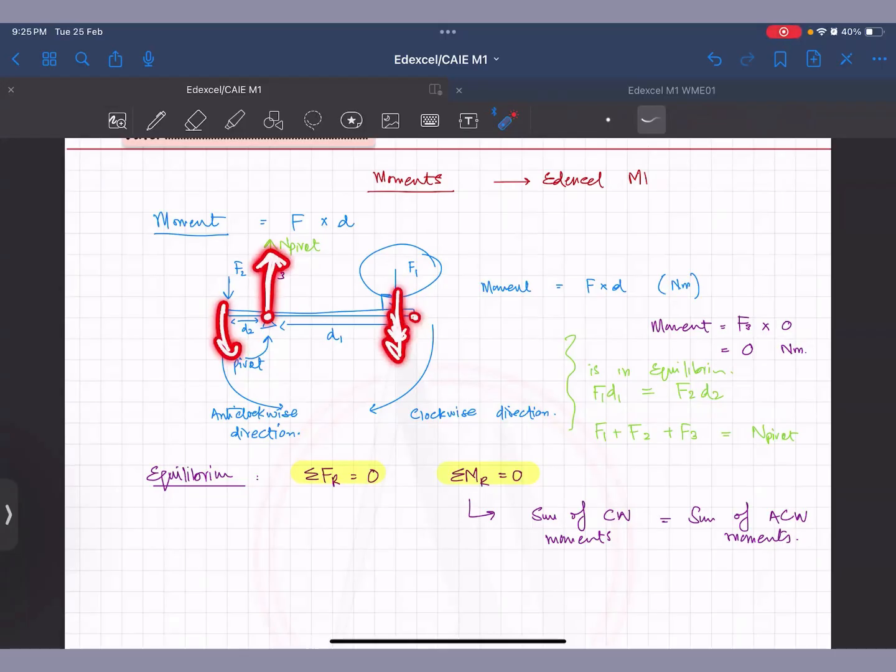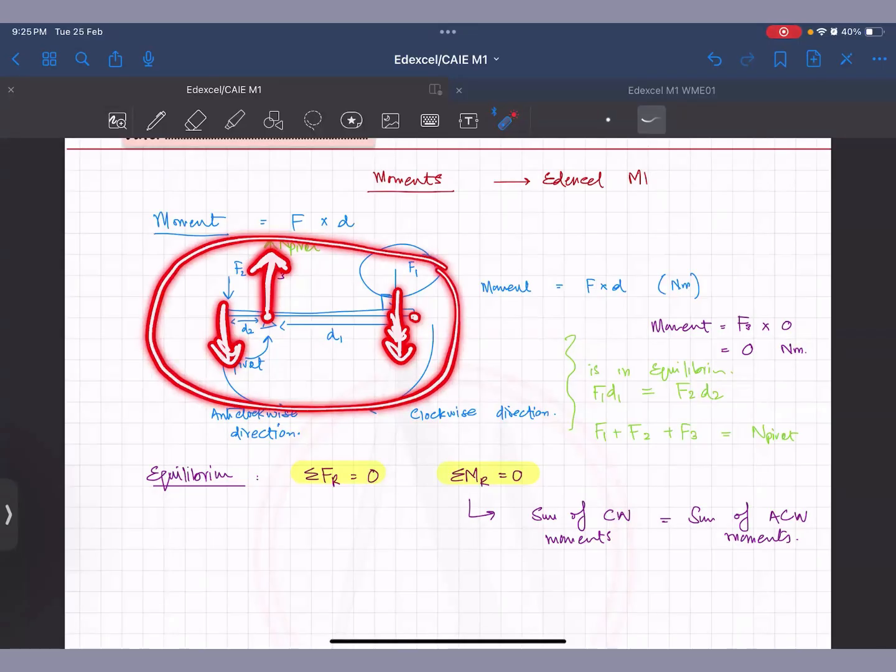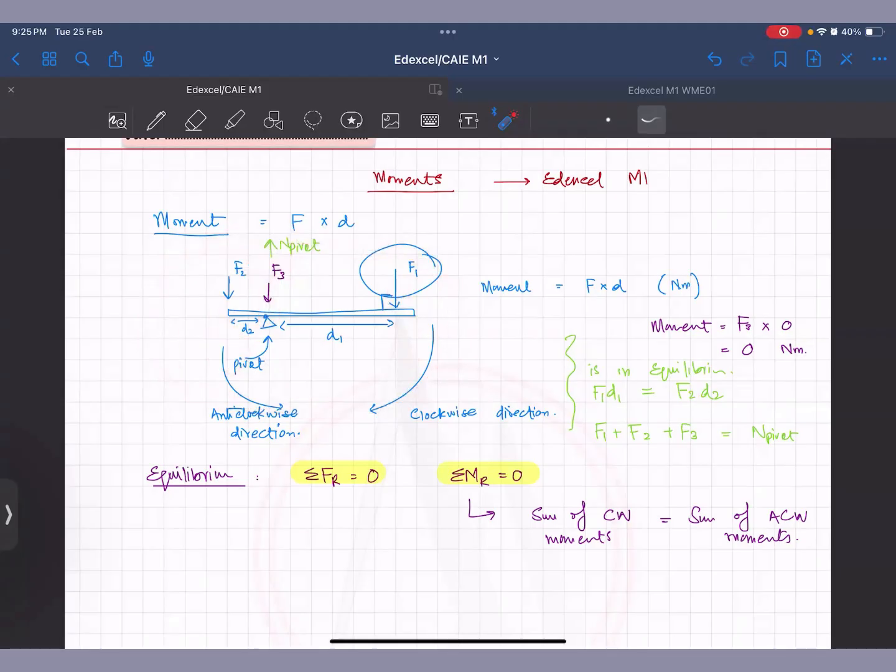This is producing anti-clockwise moment, this is producing anti-clockwise moment, right? The normal contact force would be producing the clockwise moment, which would be keeping it in equilibrium. So if something is in equilibrium, then you can take any point along that length to be the pivot, and then you can work things out like that as well.